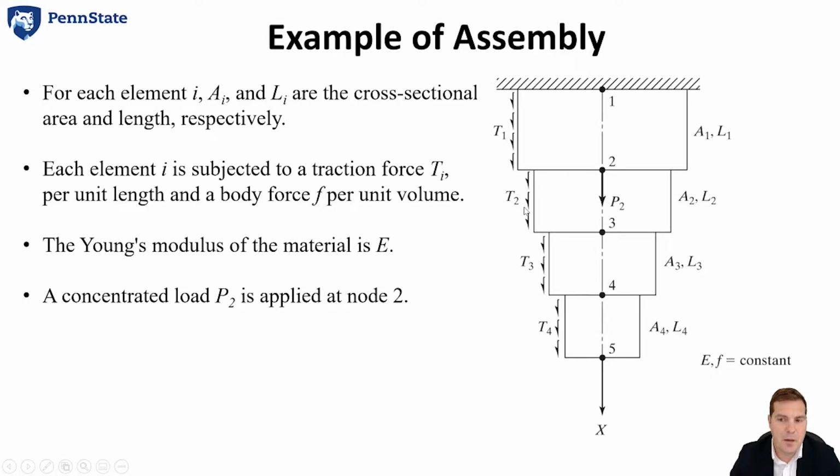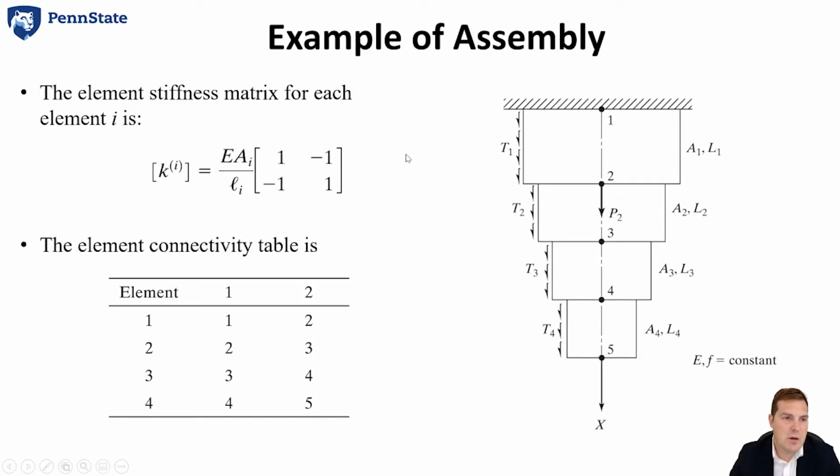Okay. Here, we're actually assuming that E and F are constant throughout. So each element has its own stiffness matrix. Okay, so we can have a superscript i there that corresponds to those corresponding cross-sectional areas and lengths. We have the element connectivity here.